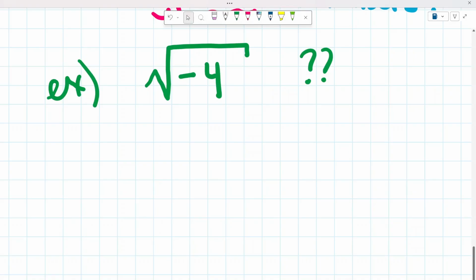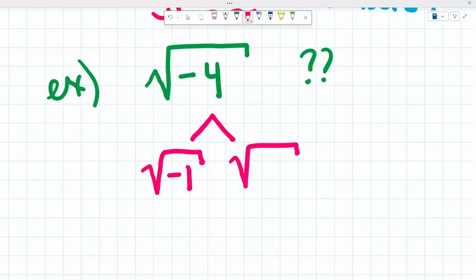If you remember how to simplify roots, you know that you can use the multiplicative property. So you can take the negative 4 and separate this out into two parts. Essentially you have here the square root of negative 1 multiplied by the square root of 4.